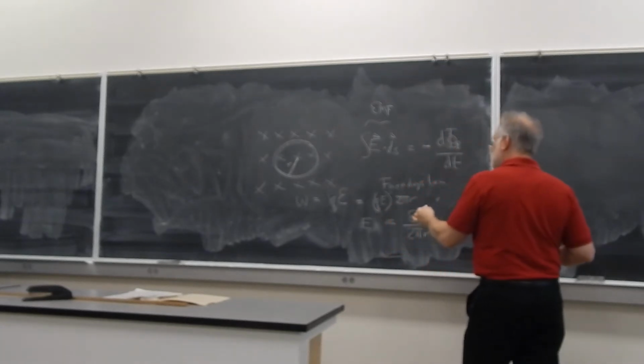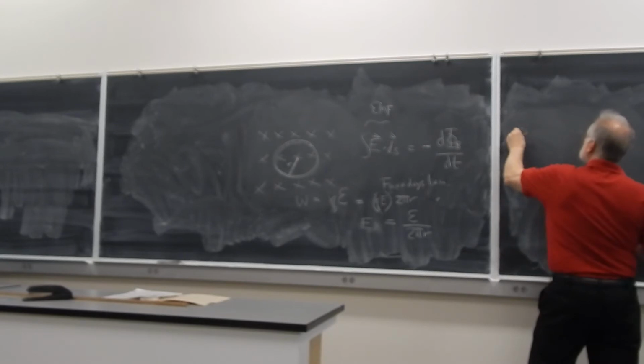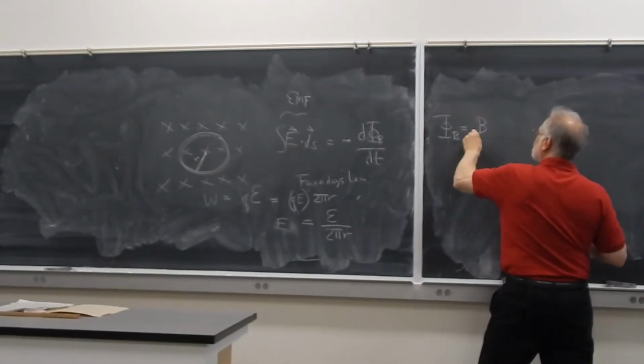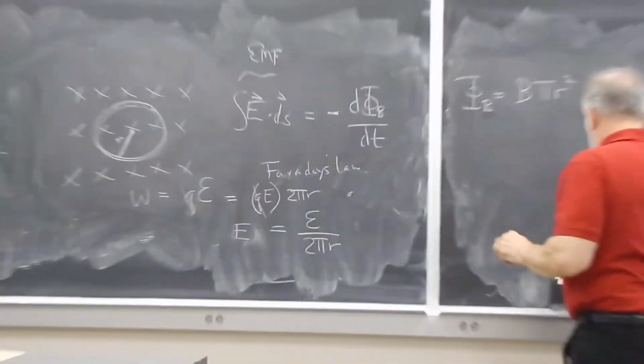Take it a step further, the magnetic flux that's associated with this loop, phi sub B, would be equal to the magnetic field, the constant magnetic field, times pi r squared.